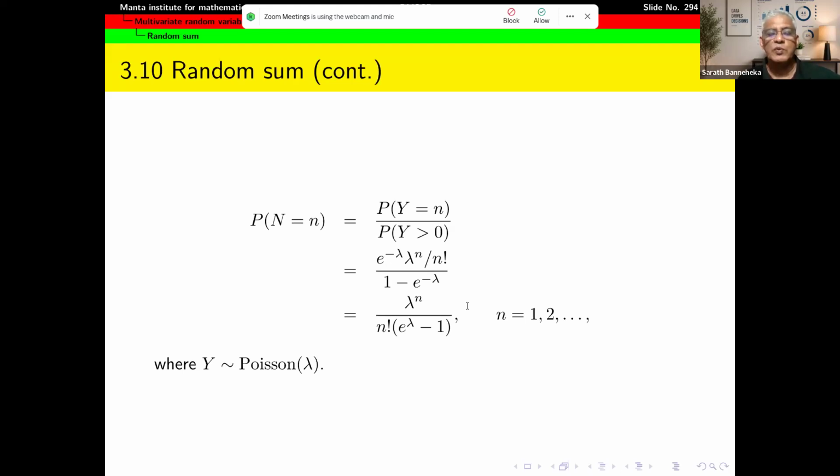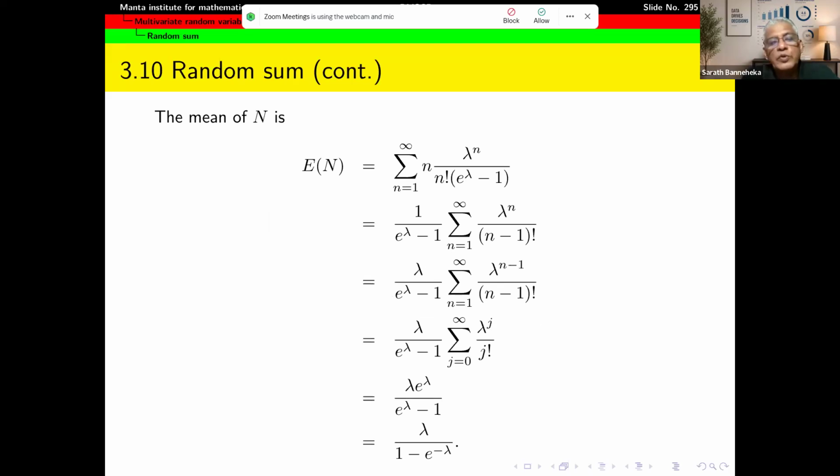This is the probability that n is equal to small n for the truncated Poisson distribution, where n doesn't include 0 now. N can be 1, 2, 3, and so on only. But here y is the usual Poisson, where y can be 0, 1, 2, 3 up to infinity. So anyway, this is the mass function of the truncated Poisson distribution. Truncation is occurring at 0.